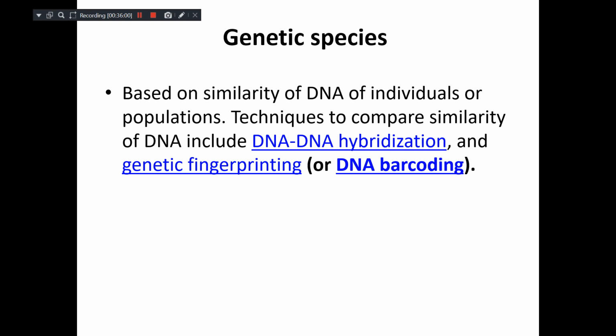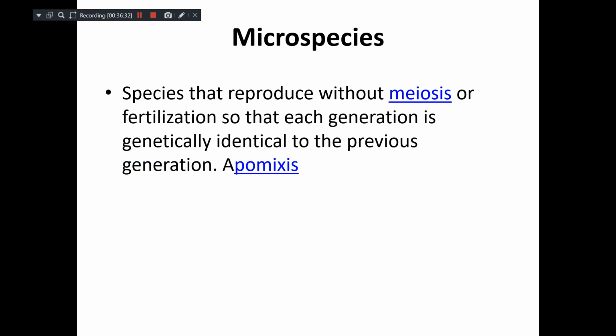Because of the development in DNA, even in taxonomy, classification has gone to the molecular level where DNA analysis will suggest. It will also help us to understand the evolutionary process. So DNA hybridization or genetic barcoding helps us in understanding, and based on that similarity of the DNA, we can define the genetic species.